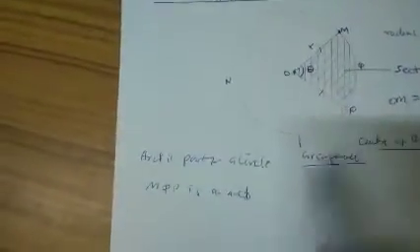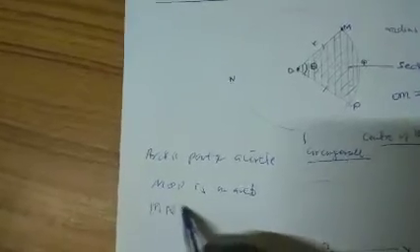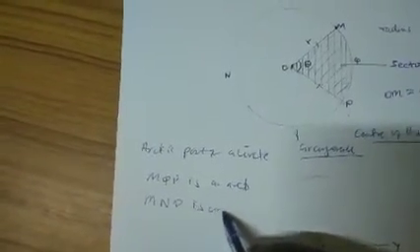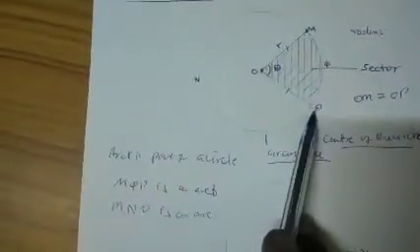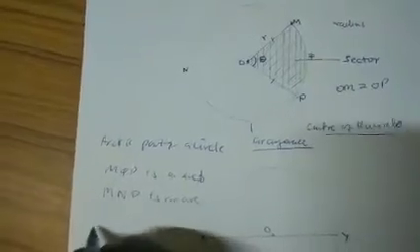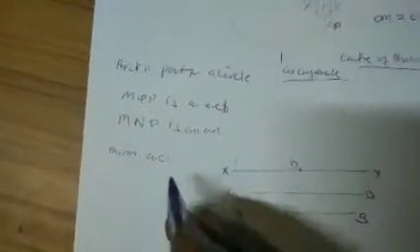Also MNP is also an arc. But since MNP is larger than MQP, then MQP is called the minor arc, and MNP is called the major arc.